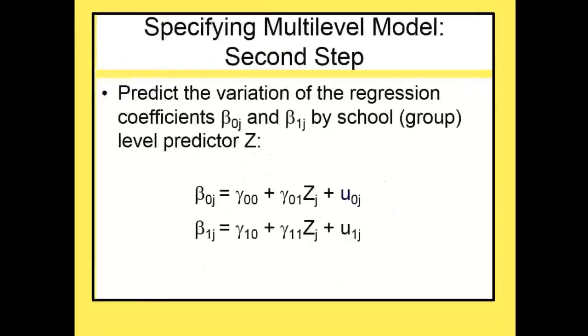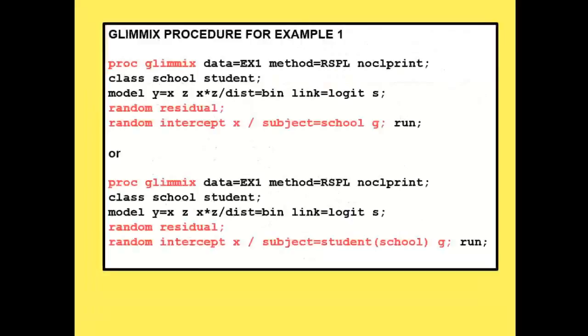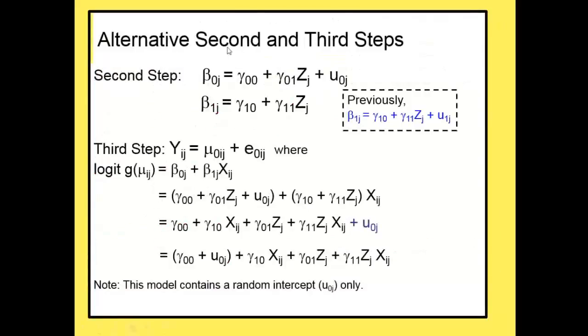Now, this is where the complications come in. I wrote the second step this way, but did I have to write it this way, even if I only had one Z? Suppose I wrote the second step this way. Previously, beta 1J, in addition to this, had a U1J, right? Suppose I wrote it like this.